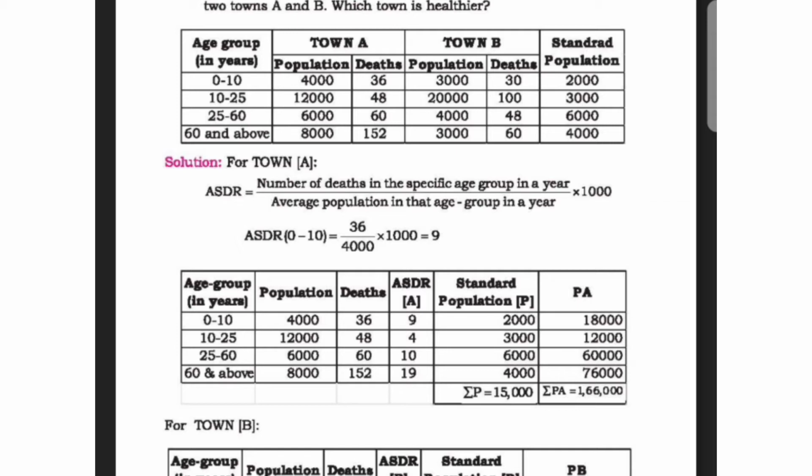Which town is healthier? You have to calculate STDR first, and show which town is healthier. In the solution part, first you start calculating the things. After that you can write the ASDR formula.